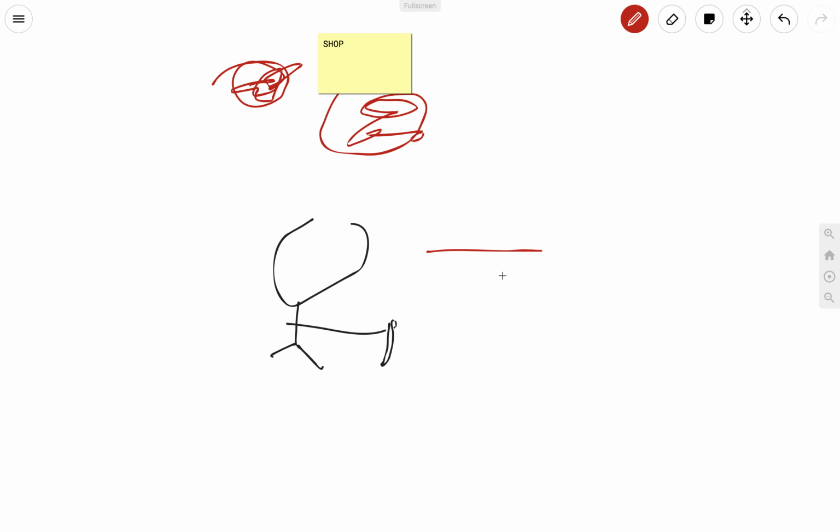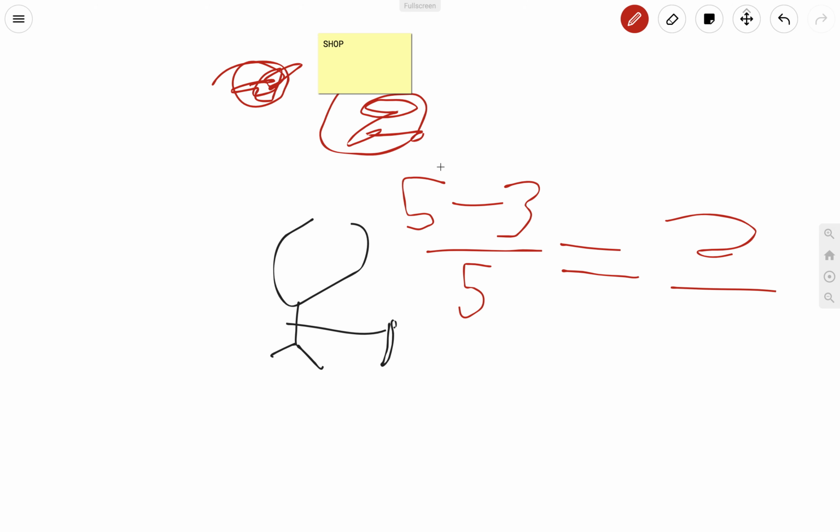Pause here if you want to figure it out yourself, then resume to check your answers. 5. Exactly. Which means the top originally used to be 5, but old Johnny took away 3. So we need to find what remains, which in this case means there will be 2 remaining out of the original 5 apples.